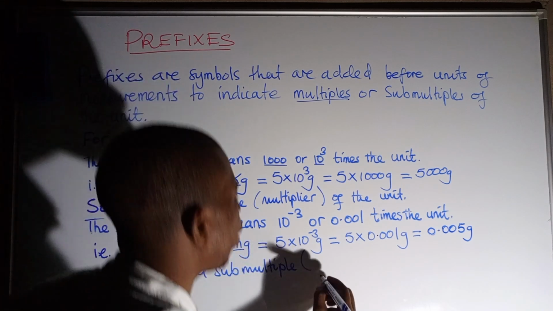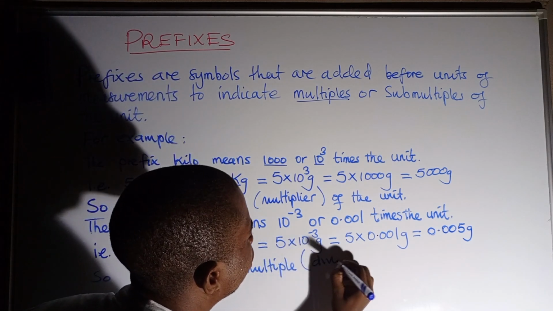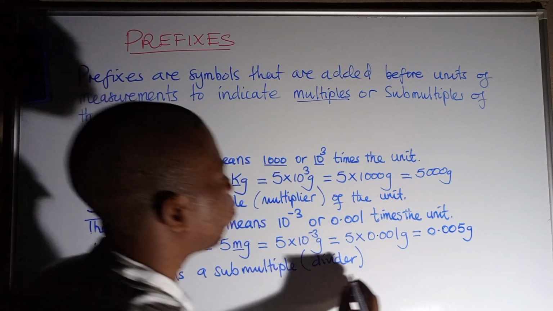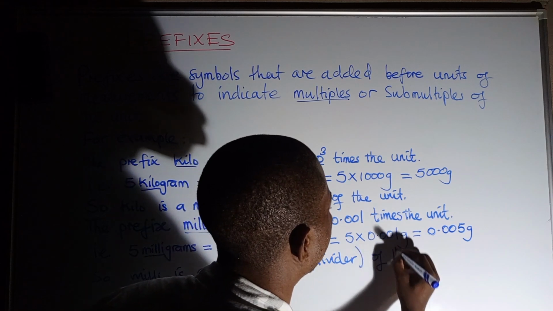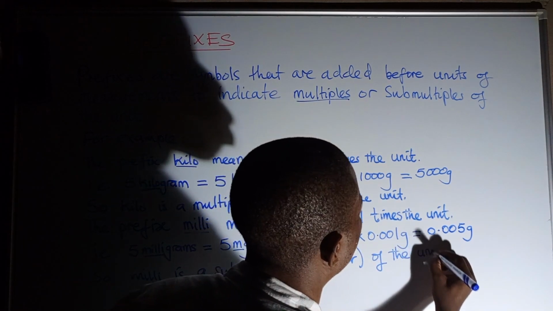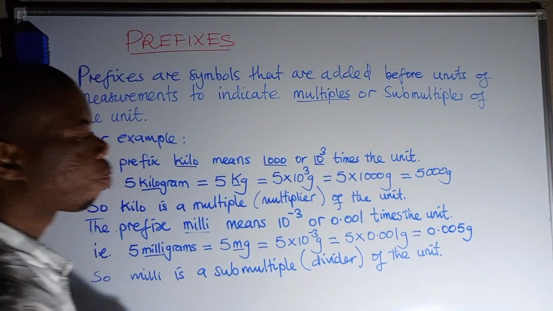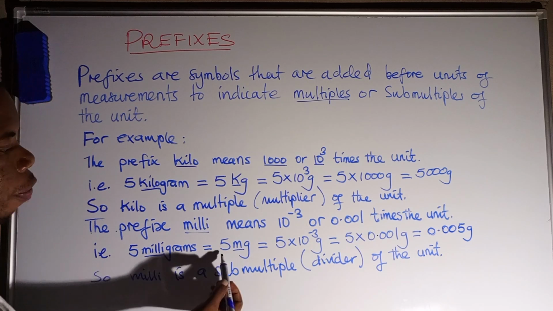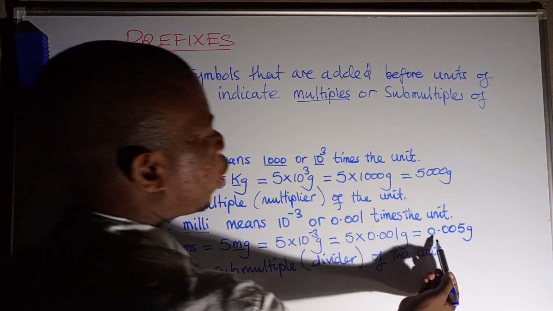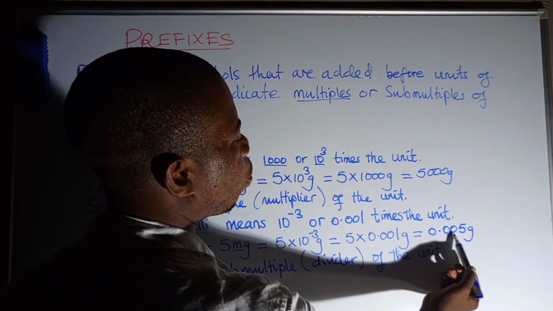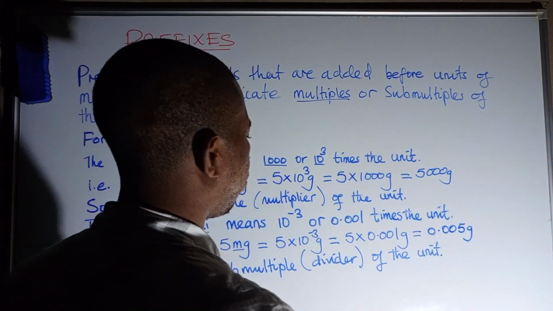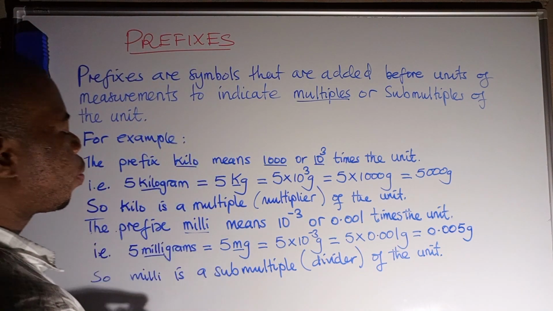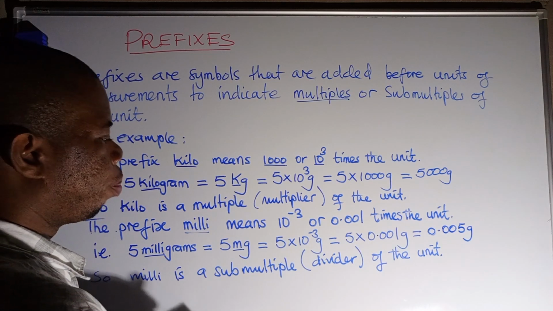It means a divider. It acts as a divider, a submultiple of the unit. So it acts as a reducer. You have 5 milligrams, and now it reduces to 0.005 grams. So now this milli acts as a divider.